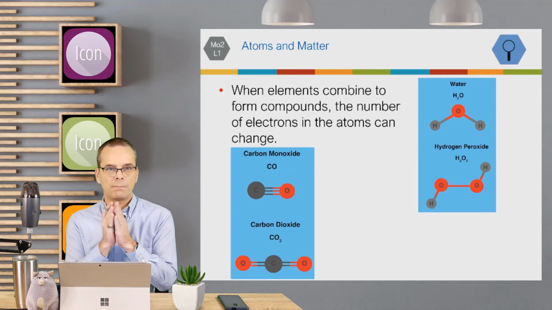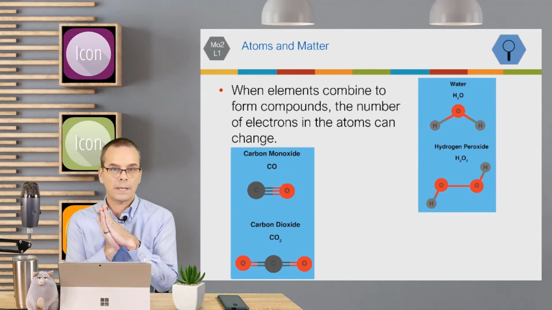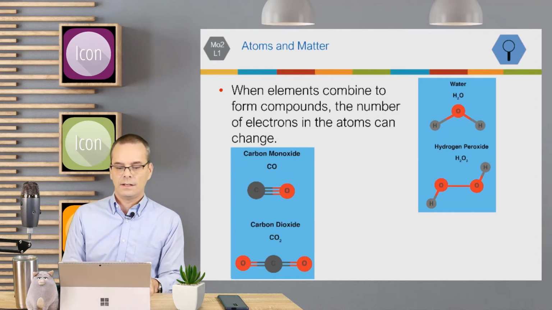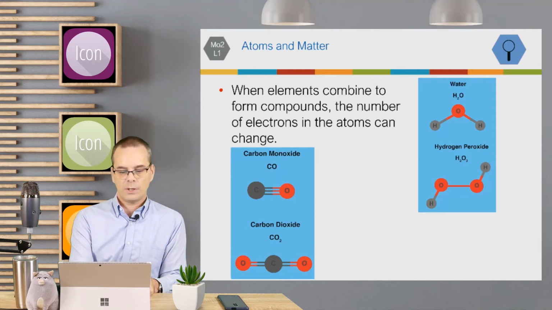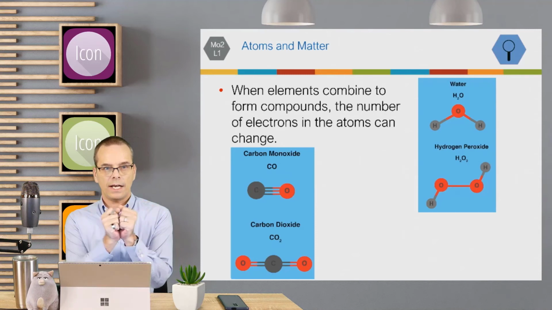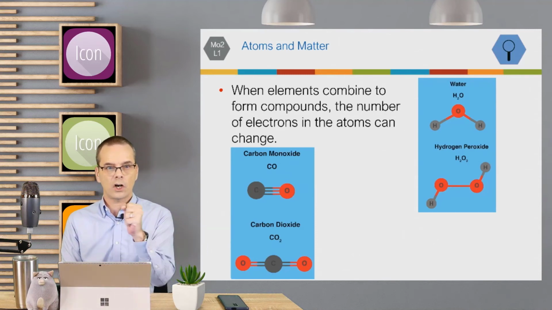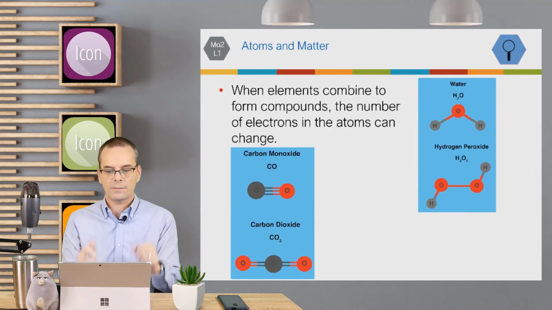Now, when elements combine to form what they call compounds, the number of electrons in the atom can change as they come together. So you can see you have an example here. Here's carbon monoxide, which is a carbon and an oxygen atom. But then carbon dioxide is a carbon atom and 2 oxygen atoms.